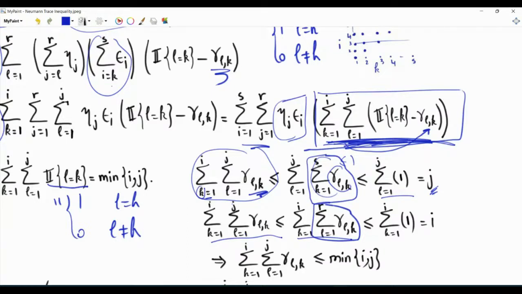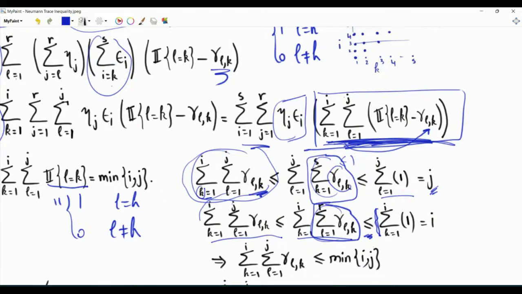This summation has been proved to be less than or equal to 1. So we upper bound this by 1, and then we are left with 1 plus 1 plus 1. How many times? The number of terms in this summation, which is I. So this summation can be upper bounded by I. At the same time, it is less than or equal to J. So it is less than or equal to I and J.